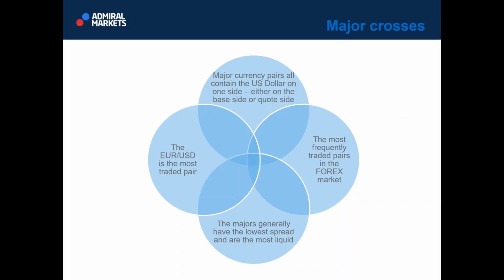Why do we like to trade major crosses? It's because the majors generally have the lowest spread and are most liquid, okay? So major pairs are most liquid, and usually the spread associated with a major cross will be much better and tighter than that associated with a minor. So let's use an example, compare euro dollar to, let's say, GBP Swissy, okay?